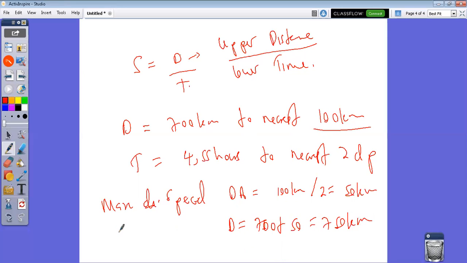Clear? Then a lower bound for time. Now, what's to the nearest 2 decimal places? That's why you have to be careful. 2 decimal places means 0.01 divided by 2. If I say 1 decimal place, it means 0.1 divided by 2.